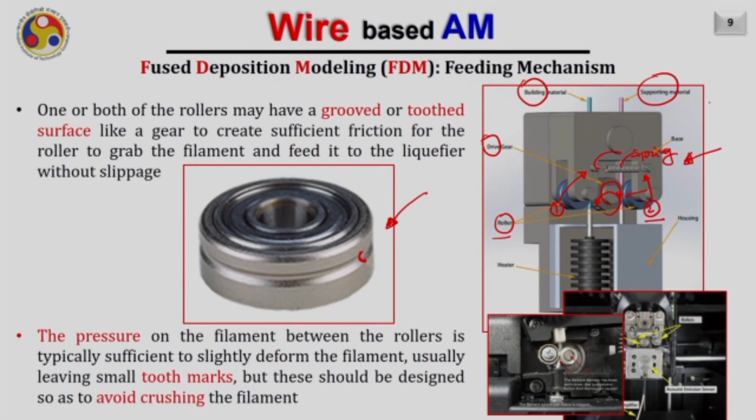This particular arrangement is typically for the case when both the materials, main and support material, are available with the system. But if you are trying to develop a low cost system, only one material may be sufficient. And if you are using one material, of course you have to be very careful when you deposit the support material, because in that case the material may not be easily removed by water works, as both the materials are the same.